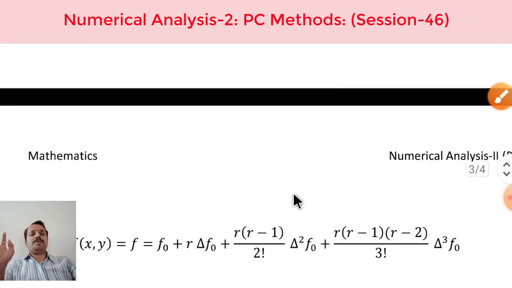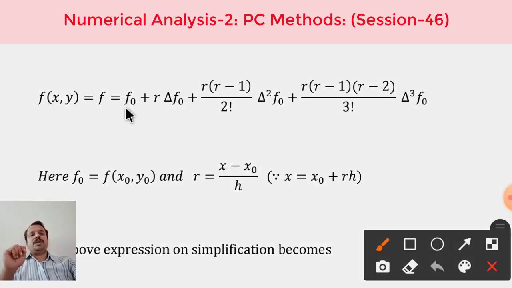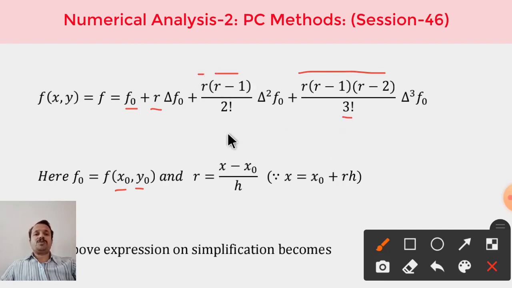So what is that particular formula? You please see, the point is at x0. About the point x0 we are interpolating the function. The corresponding value of f will be written like this. f0 means f at x0, y0. Now r is the coefficient. r into bracket r minus 1 into bracket r minus 2 divided by 3 factorial is the coefficient, and here r into bracket r minus 1 divided by 2 factorial.